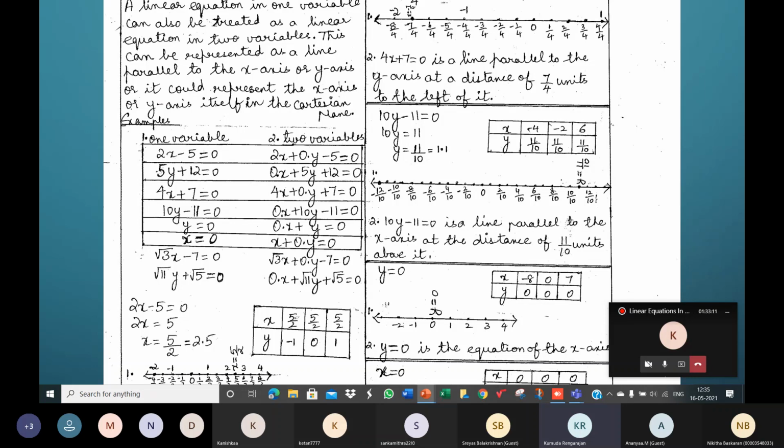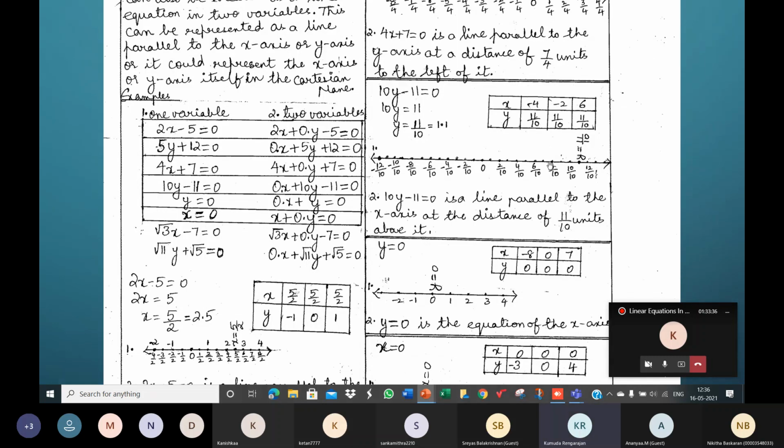The y-axis has a right side and a left side. This new line is to the right side of the y-axis, and it's parallel to the y-axis. These are the conclusions. So the new line is parallel to the y-axis at a distance of 2.5 units to the right of it.